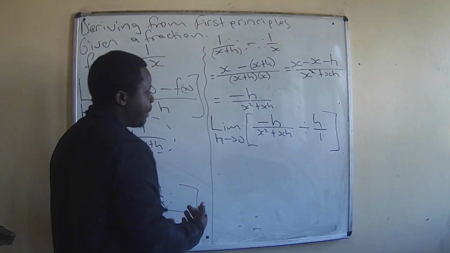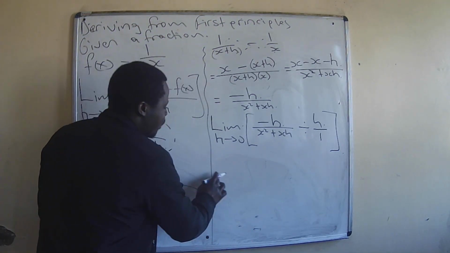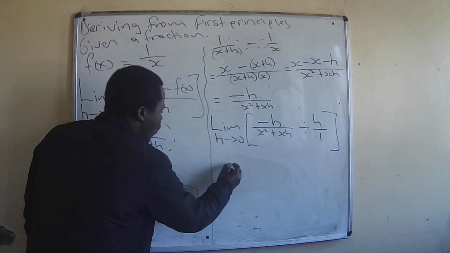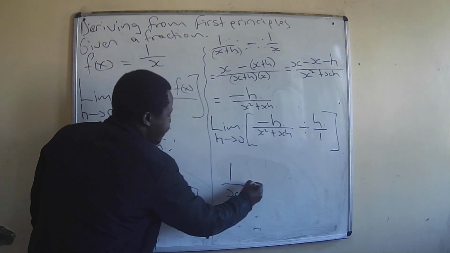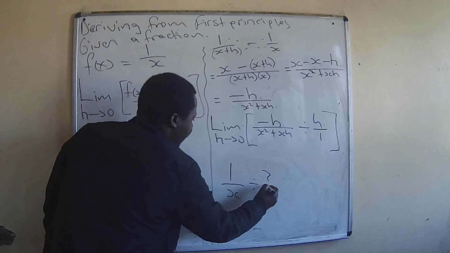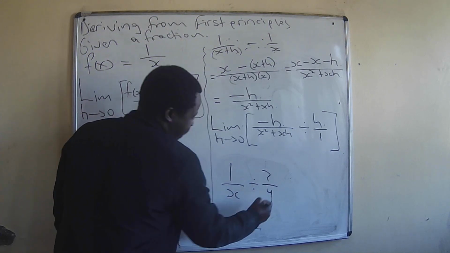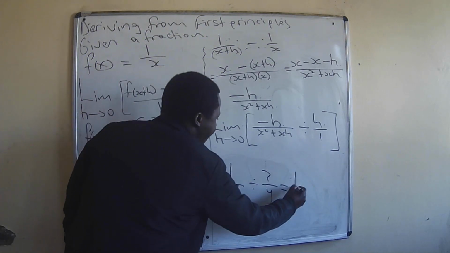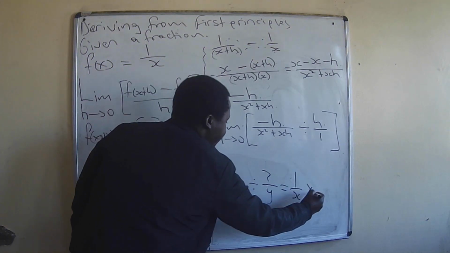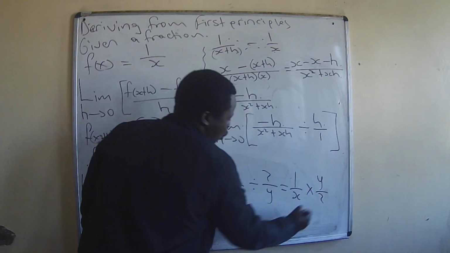If you still remember what we have learned from lower grades, 1 over x divided by 2 over y can be written as 1 over x multiplied by y over 2.